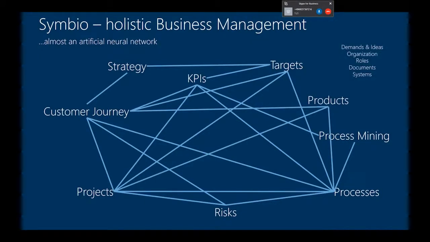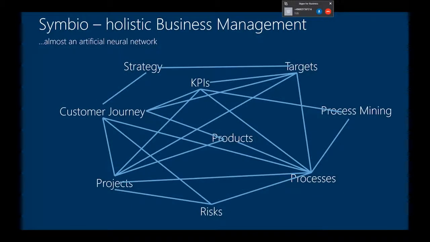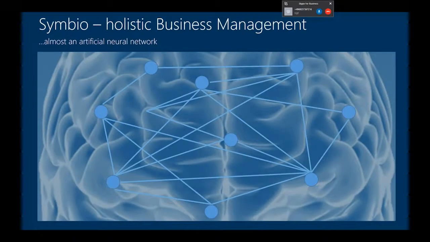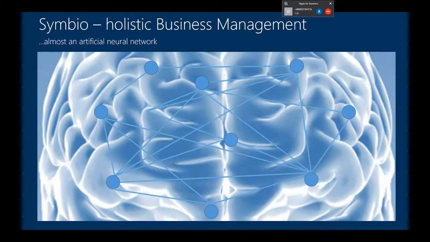It goes without saying that for all of those components you have your demands, ideas, roles, documents, systems, etc., so they will still be visible in Symbio. All of those components more or less appear as an artificial neural network. That's the philosophy we have here within the organization. We see Symbio as a holistic business process management system.